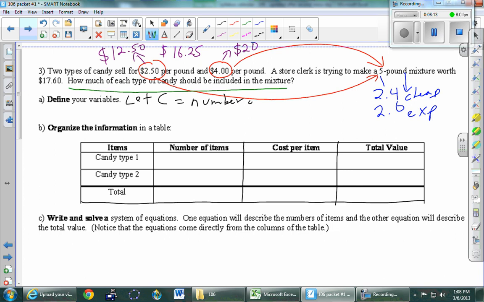Number of pounds of cheap candy. All right, and then how about we use E for the same kind of thing for the expensive candy?